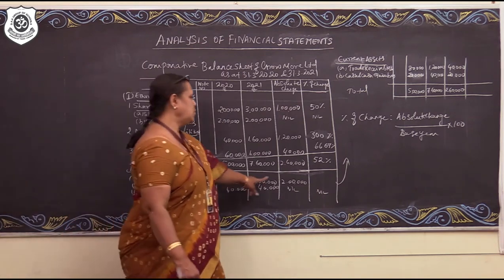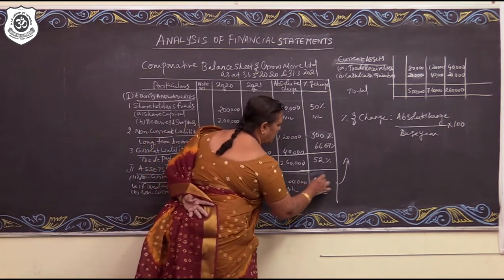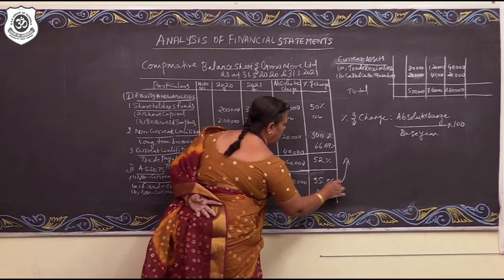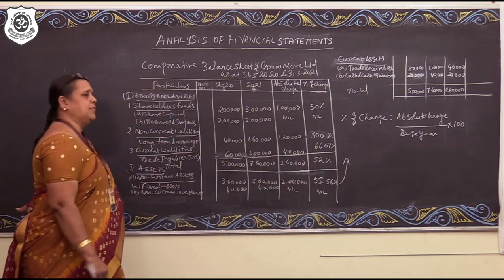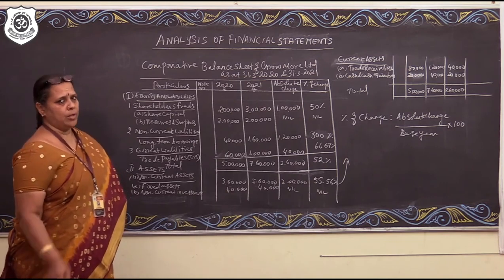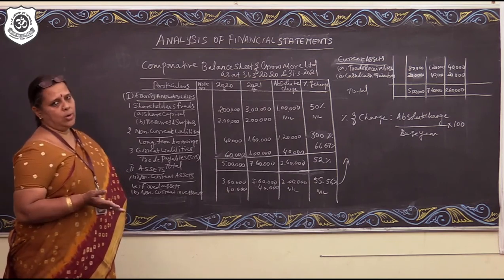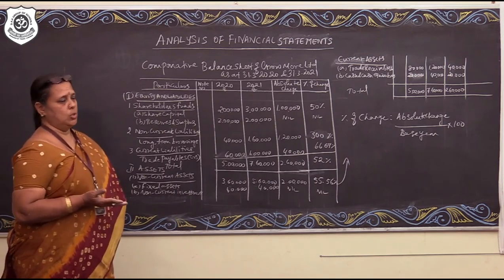There is an increase to the extent of 2 lakhs, giving an increase of 55.56%. The non-current investment, opening balance 40,000, closing balance 40,000, no increase or no decrease, therefore there is no difference in percentage of change also.